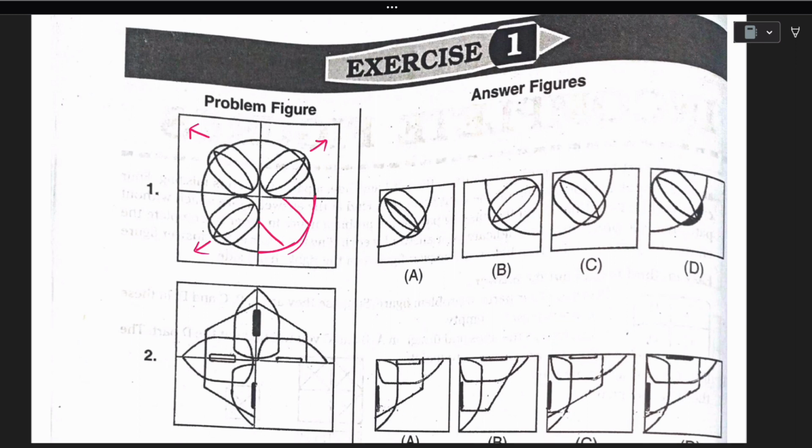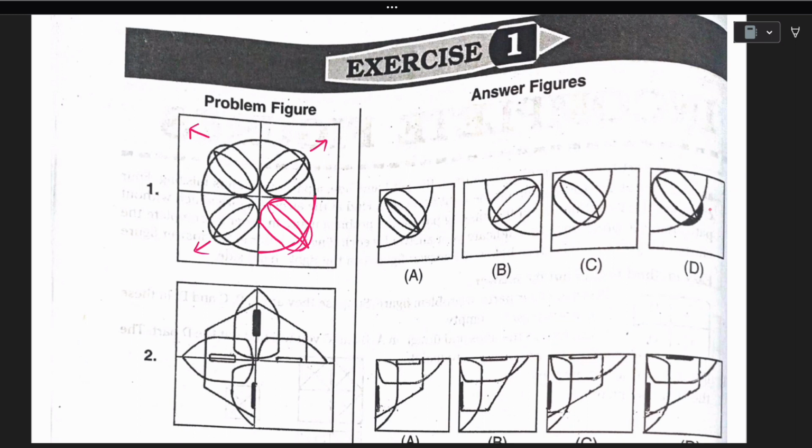Okay, there are 2 lines, and then this line is connecting with the curve, and also this comes like this, and then we are having an internal shape, right?